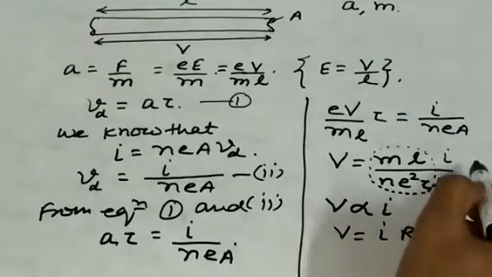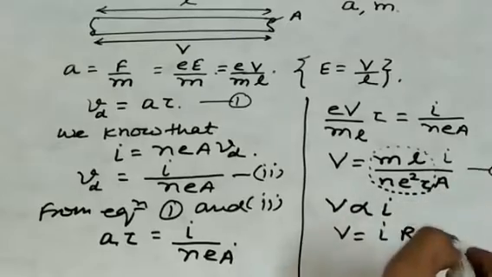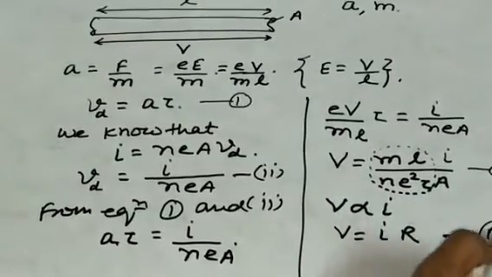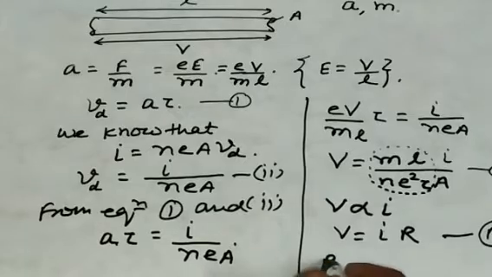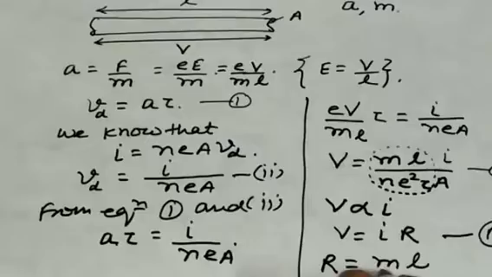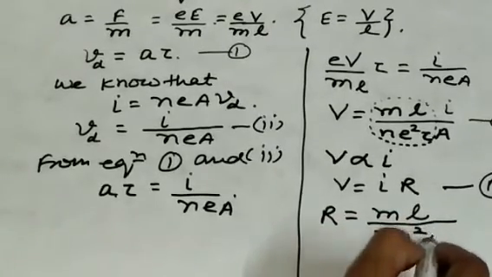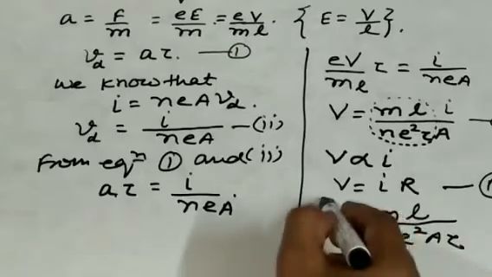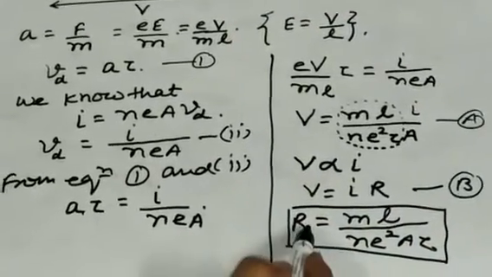So when we compare this equation A and this equation B, then from equations A and B we can say R is equal to mL upon n e square A tau, where R is the resistance of the conductor.